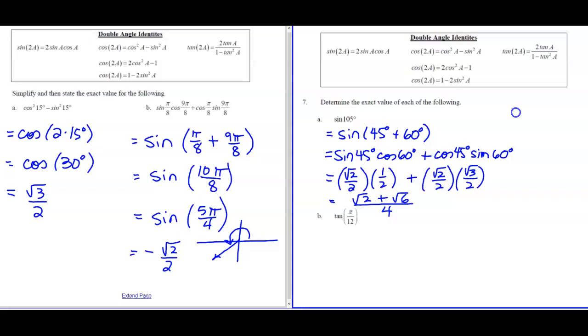These will likely say show as a single fraction, reduced fraction with rational denominators.